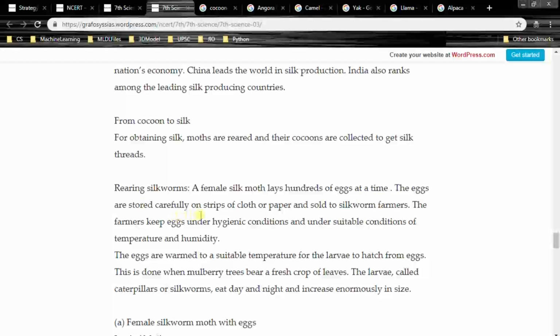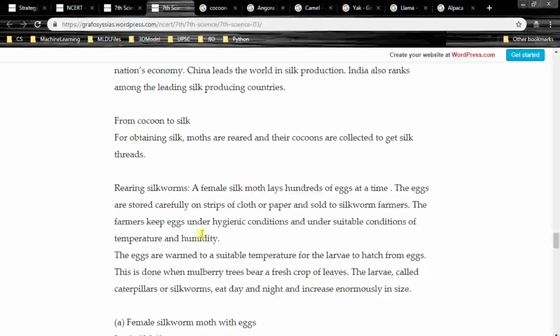The eggs are stored carefully on strips of cloth or paper and sold to silkworm farmers. So this is the first process. There will be a board-like structure on which they will be carefully placed and sold to farmers.